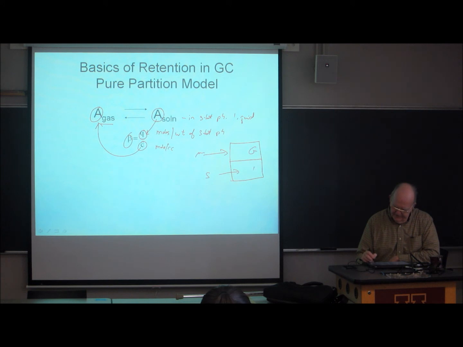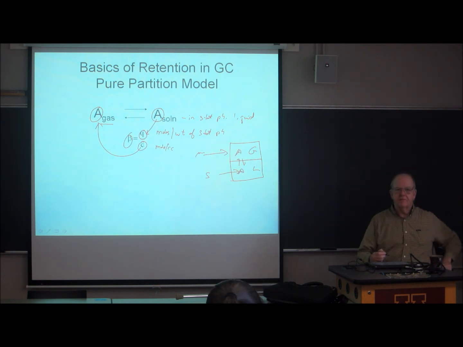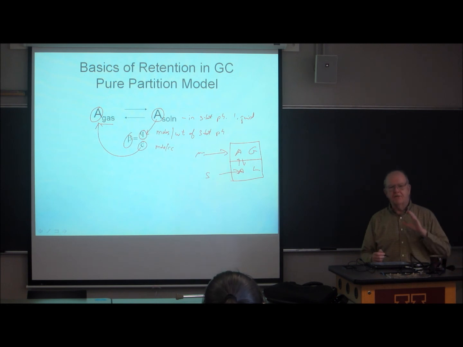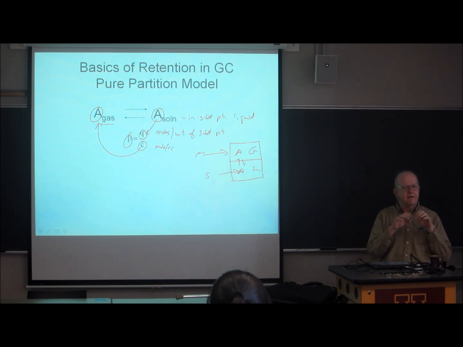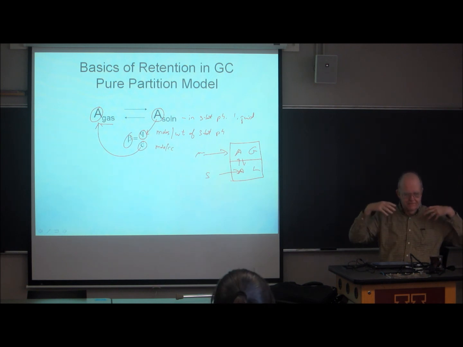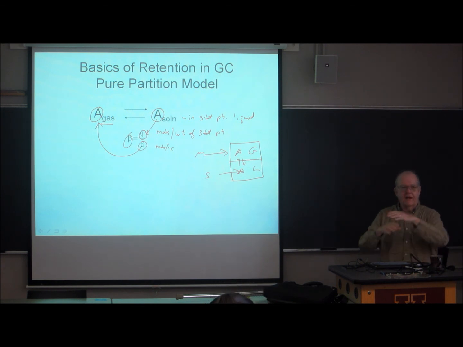This is gas. This is liquid. And we have solute equilibrating between those two phases. So even though the stationary phase is a very, very, very thin film of liquid on some inert support, we're treating this exactly like stuff in a sealed test tube, letting it come to equilibrium between the two immiscible phases.